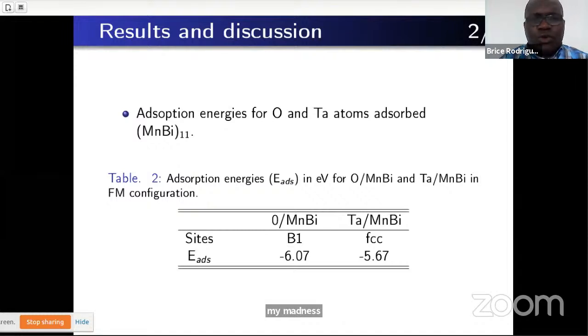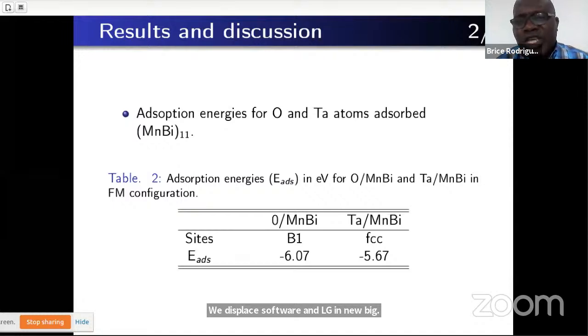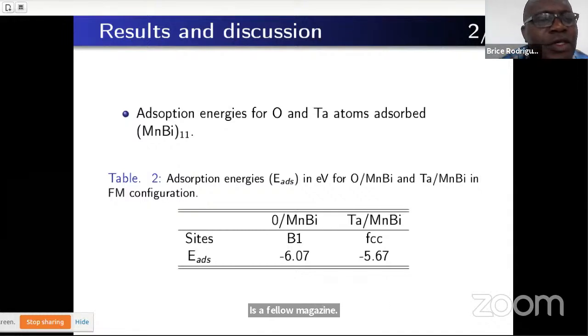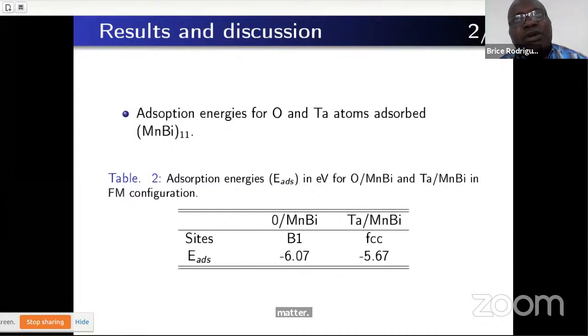In this Table 2, we display the adsorption energy for oxygen on MnBi and tantalum on MnBi in the ferromagnetic coupling. The ferromagnetic coupling here is the ferromagnetic between manganese layers.